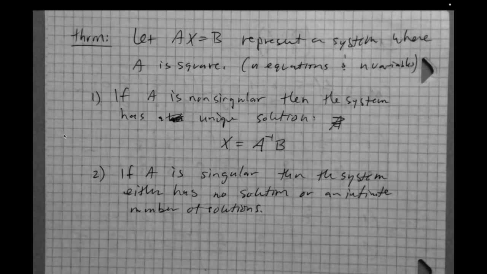So if you think about a singular matrix, we just talked about what the implications are to the rank. The rank is less than n in that case. So if the rank is less than n, then when we row reduce, we're going to have independent variables, or we're going to have an inconsistent equation.